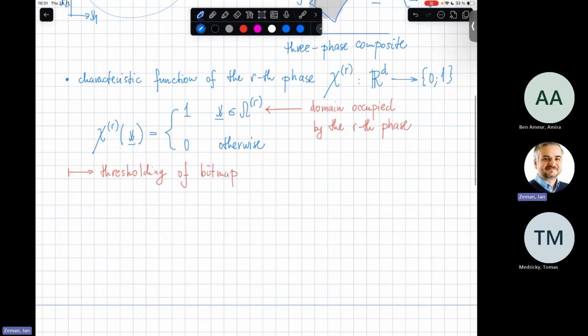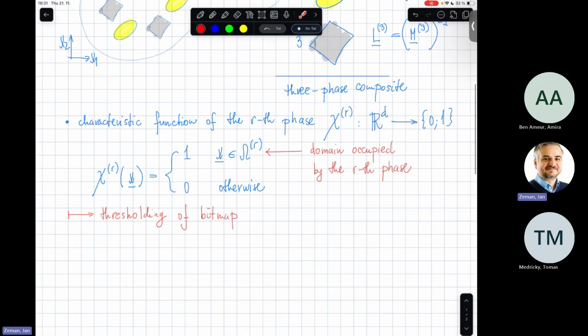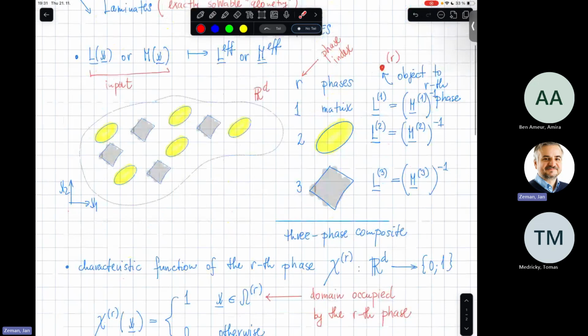The argument of thresholding is that this is just one example of how multi-phase composites can look, but actually the range of materials which are described by this formula or notions is substantially wider.